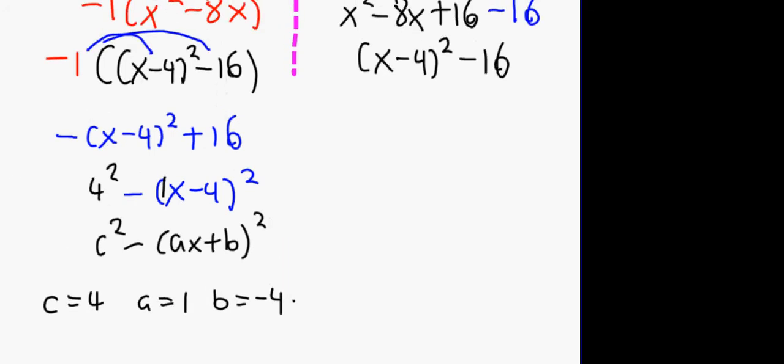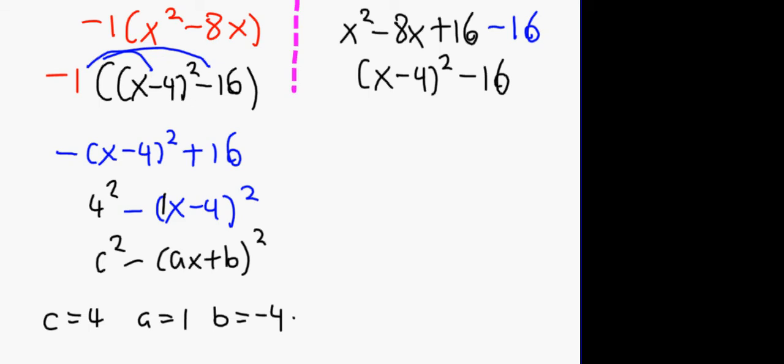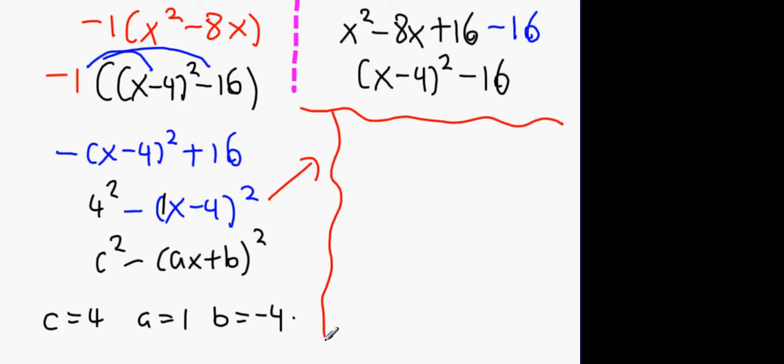Now, the next thing they want is the maximum value. To have a maximum value, we'd like this part here, which is a perfect square, to be as small as possible. A perfect square's minimum value is 0. We need to find a way to turn this into a 0.